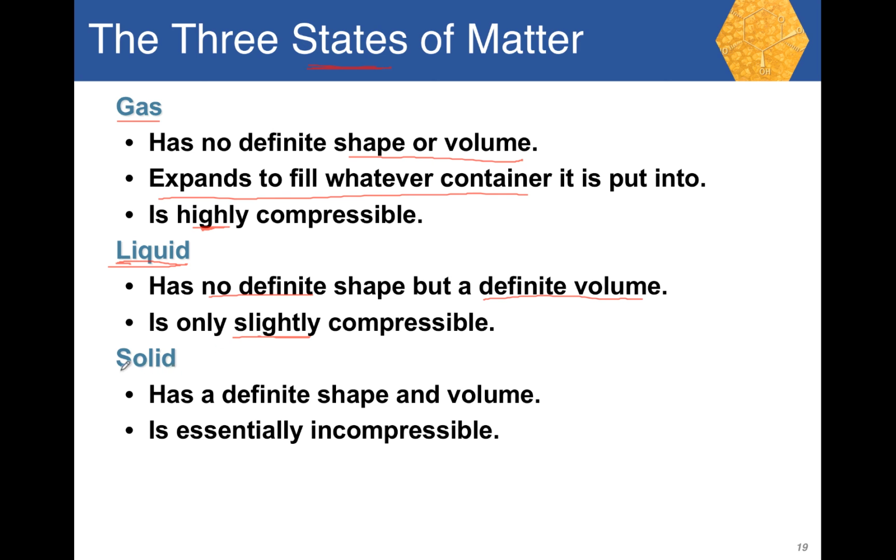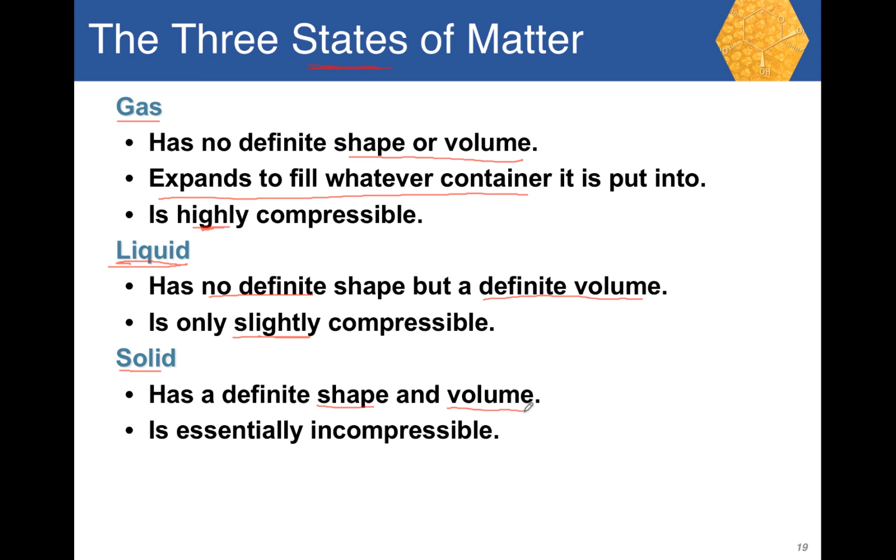The last form of matter is solid. So you can imagine your ice that you take from the freezer. It has a definite shape and a definite volume. You take a cube of ice, it is a cube with a fixed shape, and it has a definite volume.